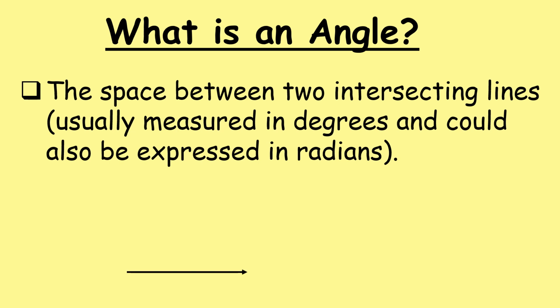So we see this line OA, and then we have another intersecting line OB, and then we have an angle in between them, which is Y. So just as it was mentioned before, it's the space between two intersecting lines, and then the measurement of that angle Y, in this particular case we'll just say Y degrees.